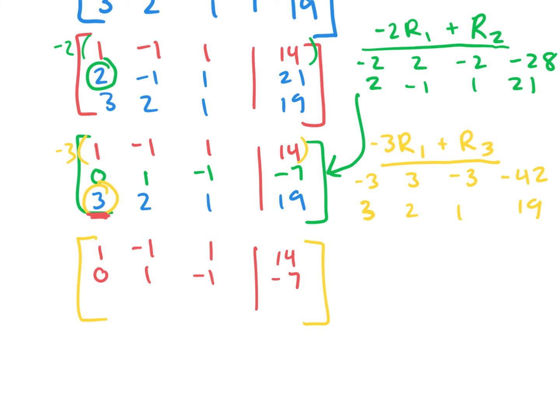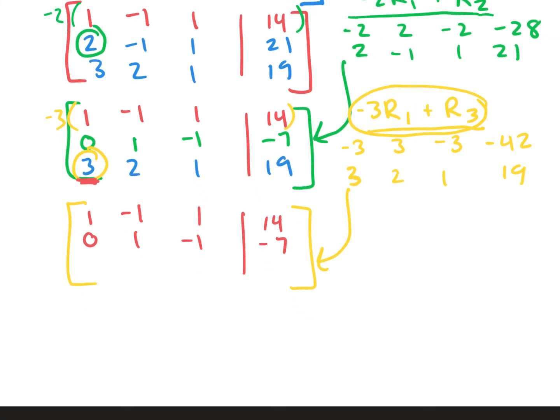Oh, so you just keep multiplying each row by something to get that form that you want? I'm multiplying a row by something and adding it to another row. So I'm multiplying -3 to get this to be a -3, so it'll cancel out with the 3 down here. You keep adding it with the same row. Yeah, so like I used row 1 in the green, and I used row 1 again in the yellow.